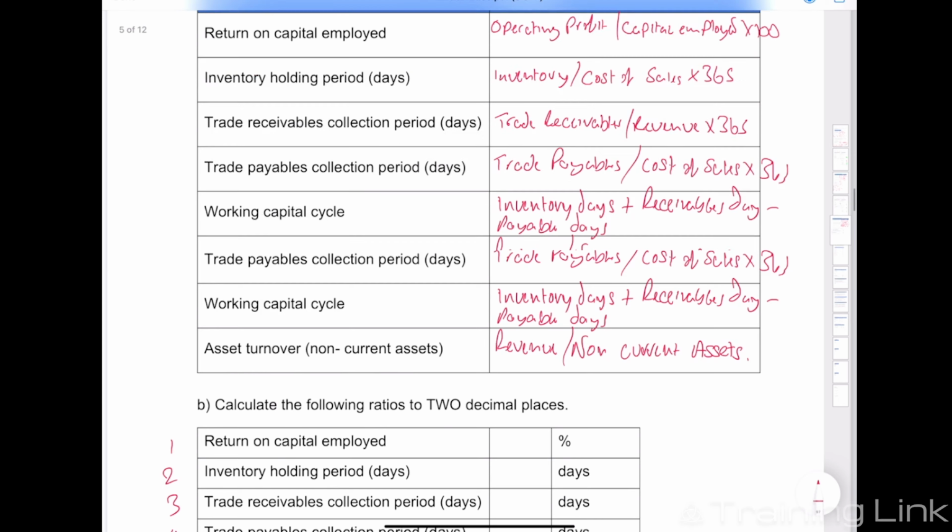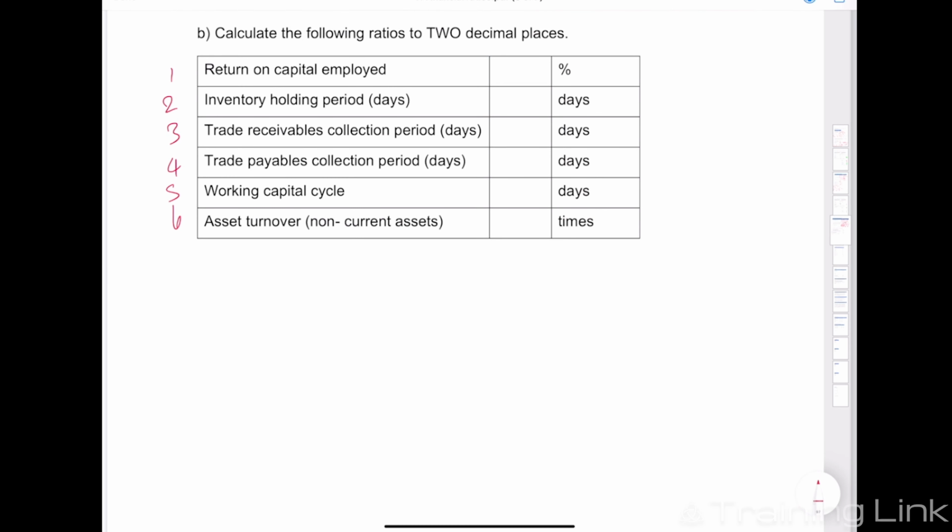It would therefore be 415784 divided by equity plus non-current liabilities times 100 to give you a return on capital employed of 18.71.